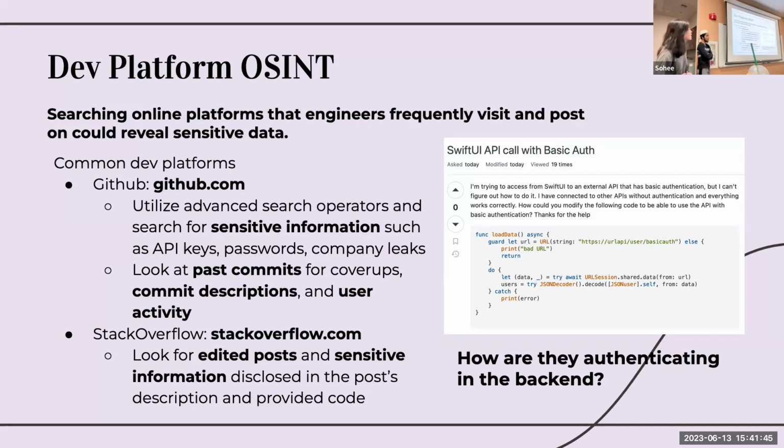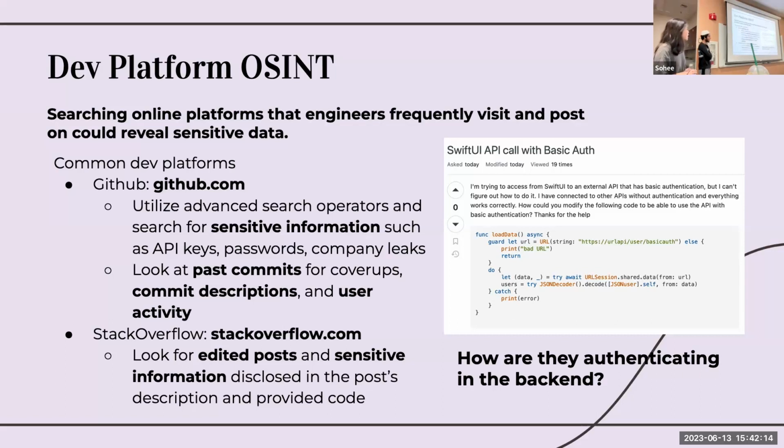But when you post code that's really sensitive, for example, performing authentication, that reveals how your company is authenticating, and you could possibly look at that code and figure out an exploit for that, and then actually use it against their system. So yeah, that's really bad. That's an example of sensitive information being disclosed in the provided code.